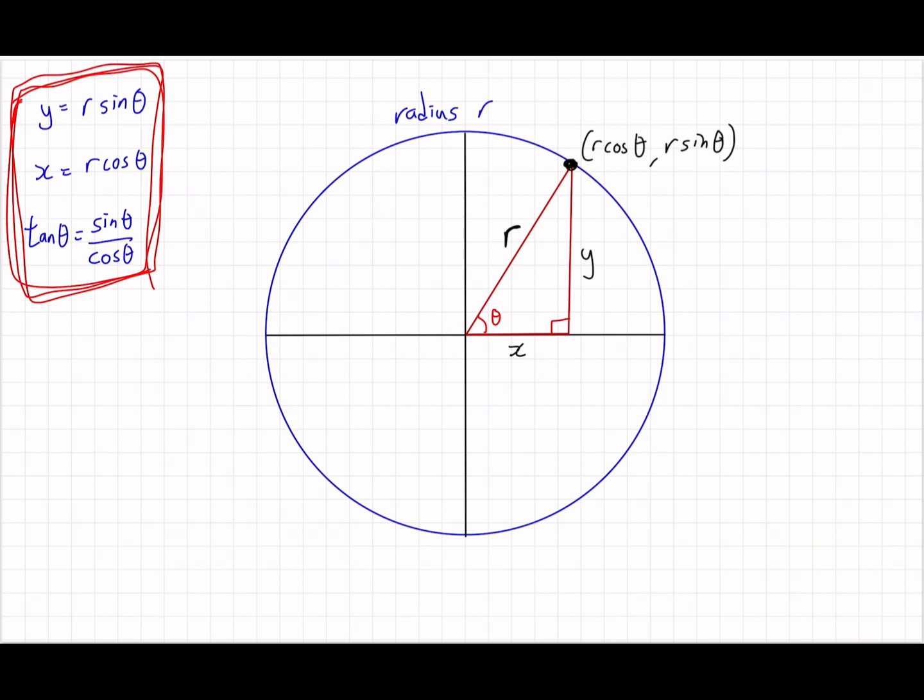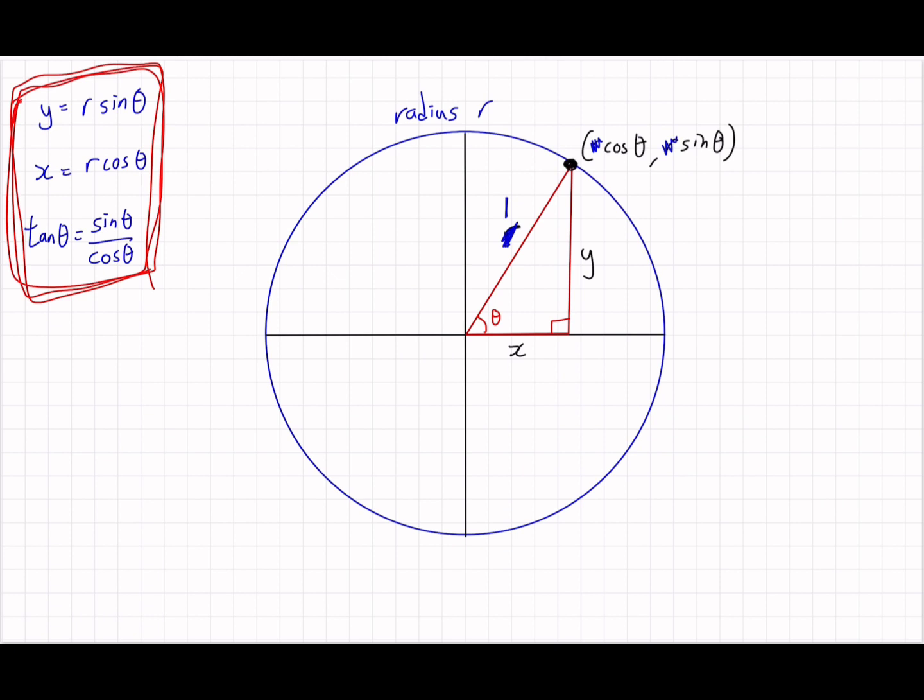Now what we're going to do is go to the sine, cosine and tangent functions. That means we are going to make R into 1. If we change R into 1, the radius is 1, so this circle becomes the unit circle. Since R is equal to 1, R cosine theta is just cosine theta, and R sine theta is just sine theta.